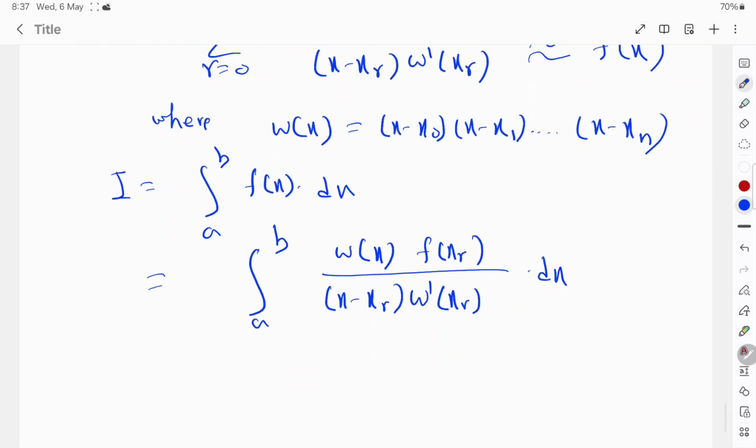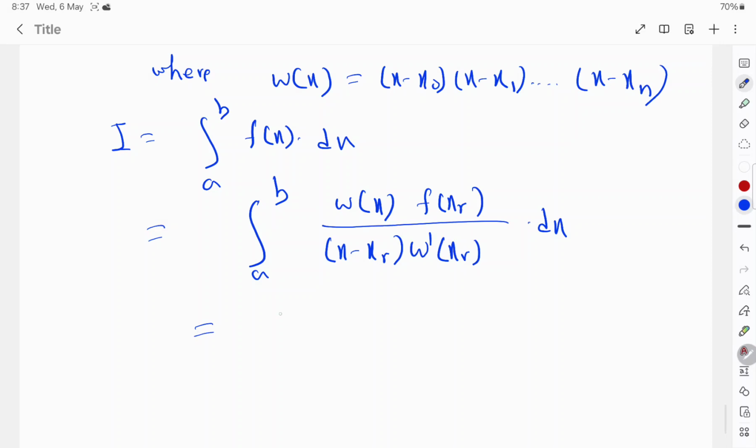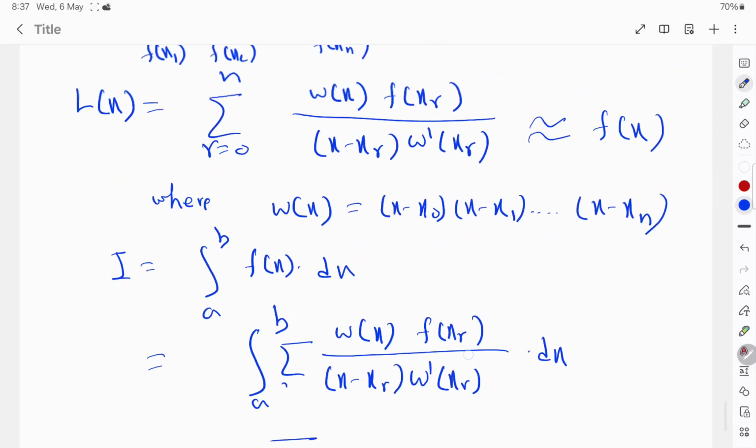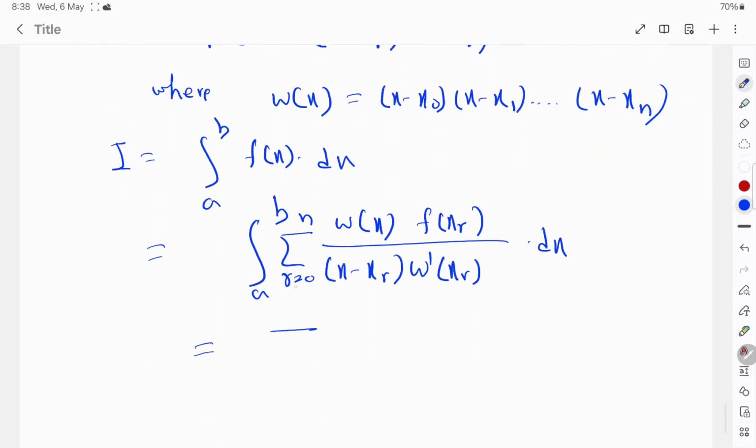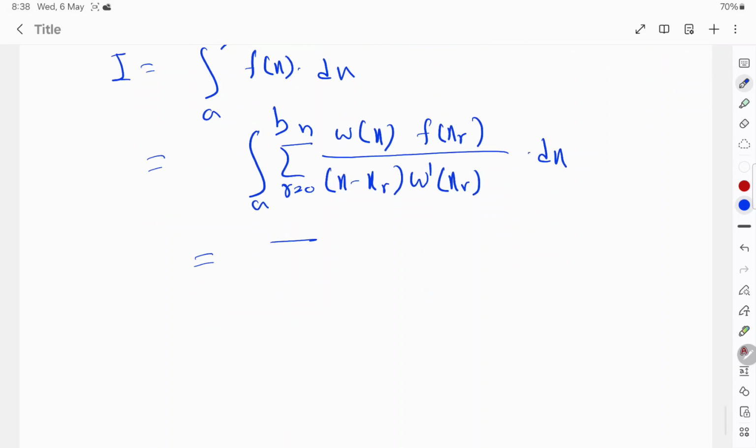Alright, so here I can write this thing with a summation. This summation and integration you can interchange, that is, they are commutative.